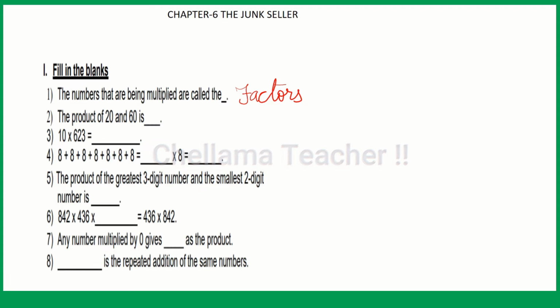The product of 20 and 60 is, this is the rough column. So here 20 into 60, we put the two zeros at the end and multiply 2 and 6. 6 2s are 12.